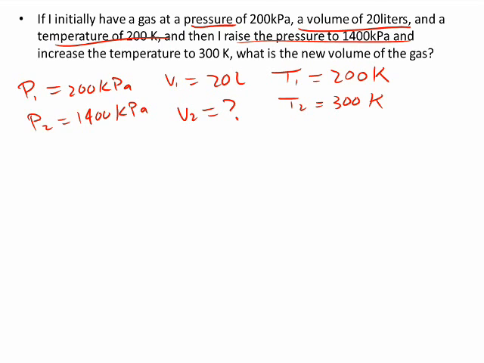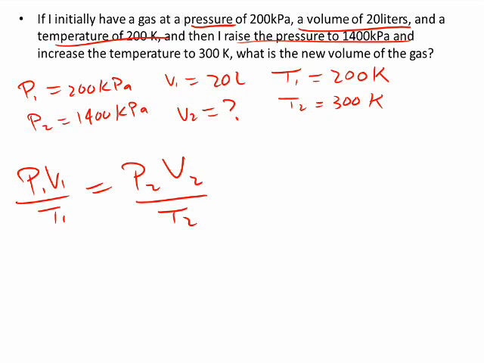So let's use our combined gas law equation. P1 V1 over T1 equals P2 V2 over T2. And we can just start plugging in. First, I personally like to solve right away for the variable. So we rearrange this.